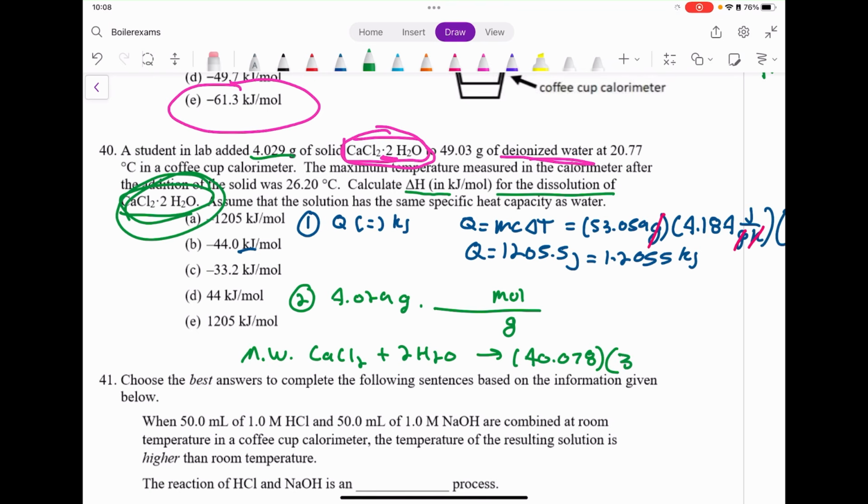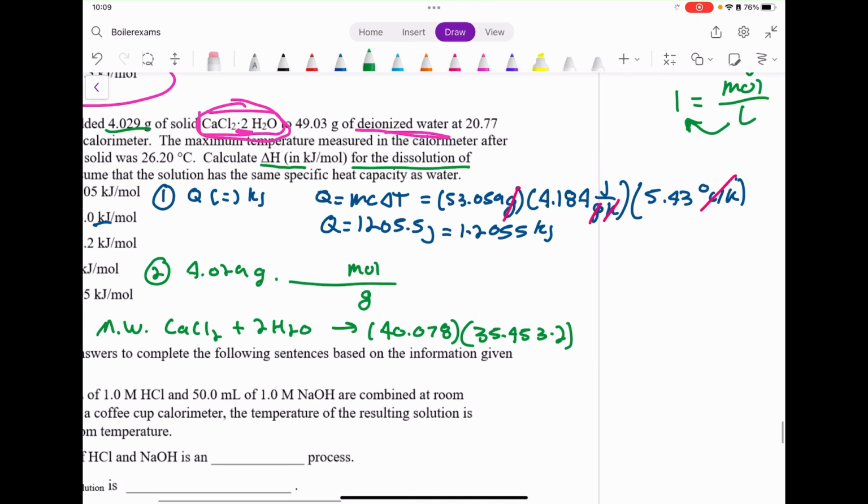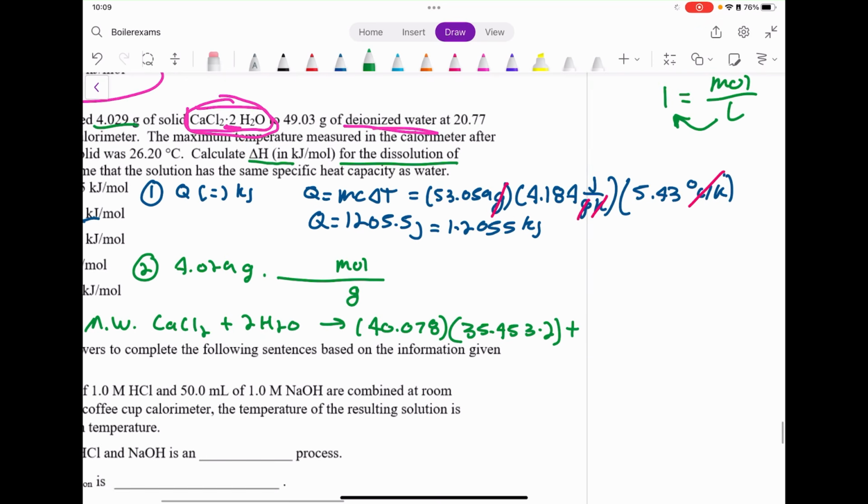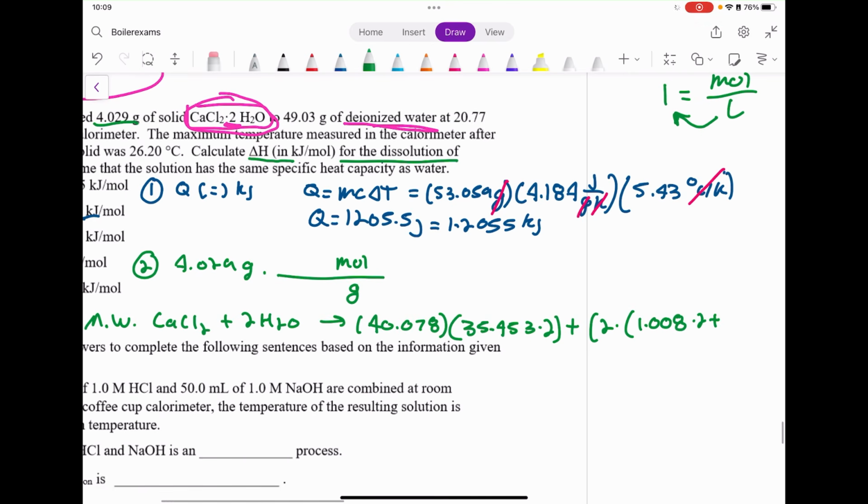Chlorine is 35.453, and we have 2 of them, so I'm going to multiply that by 2. And then we have 2 waters, so I'm going to do 2 times what is water. Water is 1.008, which is hydrogen, times 2 plus oxygen, which I'll just say 16.